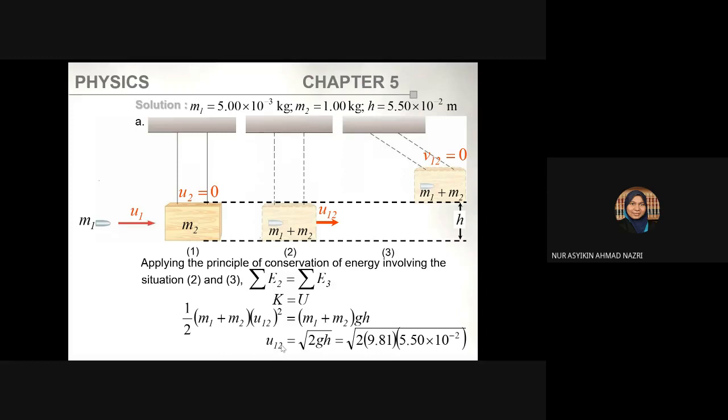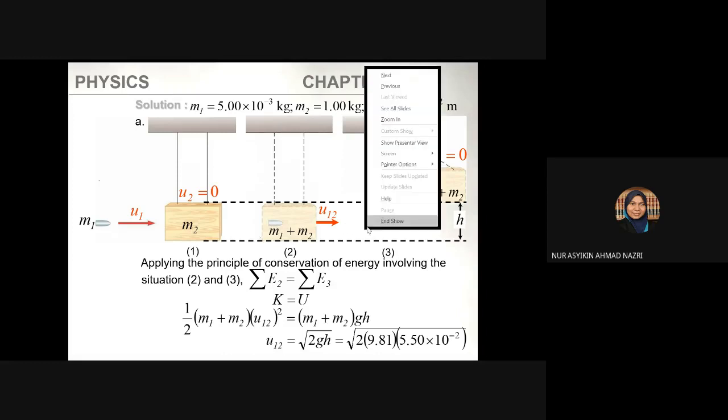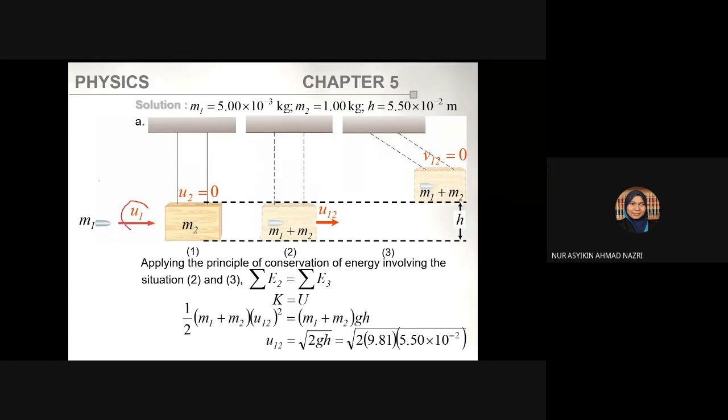Okay, so from here, the velocity that we find here is not the velocity that we want yet, because the question asks you to find the velocity of the bullet. And from here, we can see that the value is not logical, right? The value is 1 meter per second. The bullet surely does not move at that velocity.